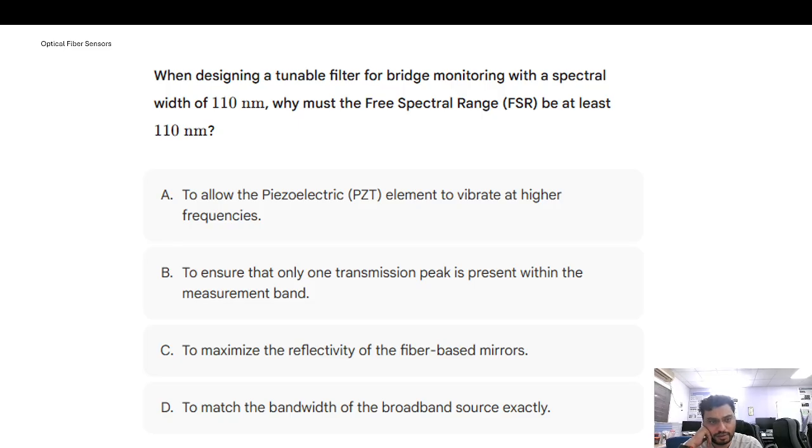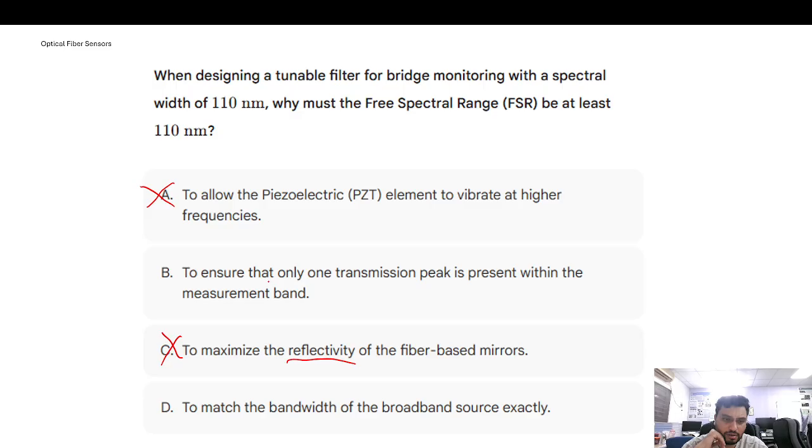Reflectivity doesn't depend on the spectral width, no. Reflectivity is the independent thing. So this tunable filter for bridge monitoring with a spectral width of 110 nanometer, why must the range be at least 110? To allow higher frequency is not required. To maximize the reflectivity is also not correct.